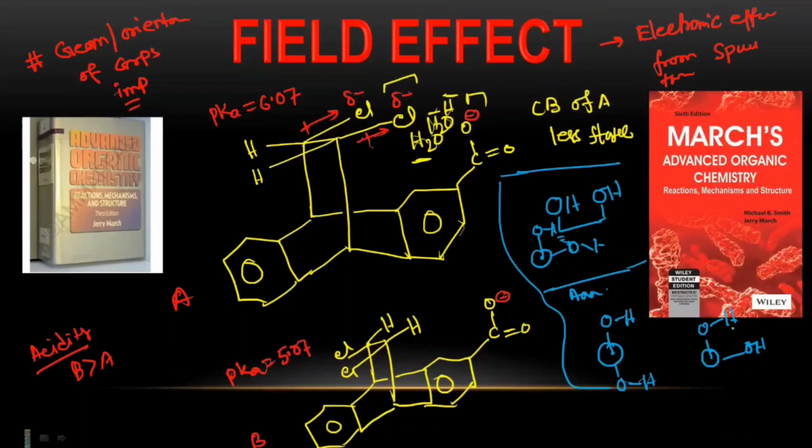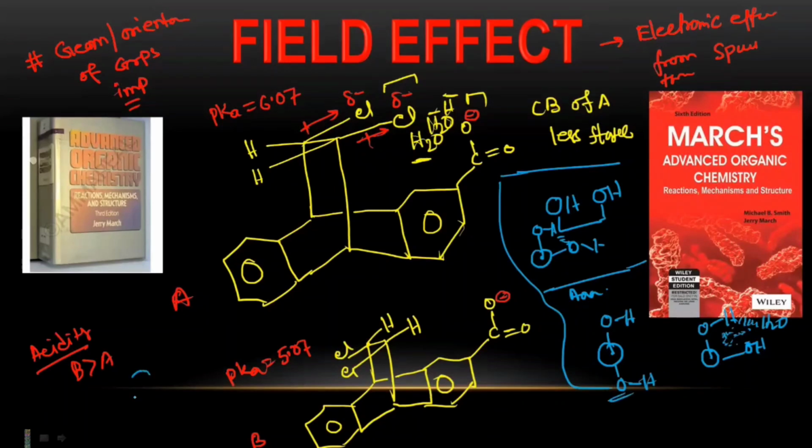So what will happen? This H is connected to water, and many water molecules will be trapped inside this. Due to this, the interaction of hydrogen and oxygen, which initially generated the hydrogen bond, will be disrupted. So this is a kind of field effect, and due to this field effect, the hydrogen bond interaction is disrupted. That's why the anti form is major.